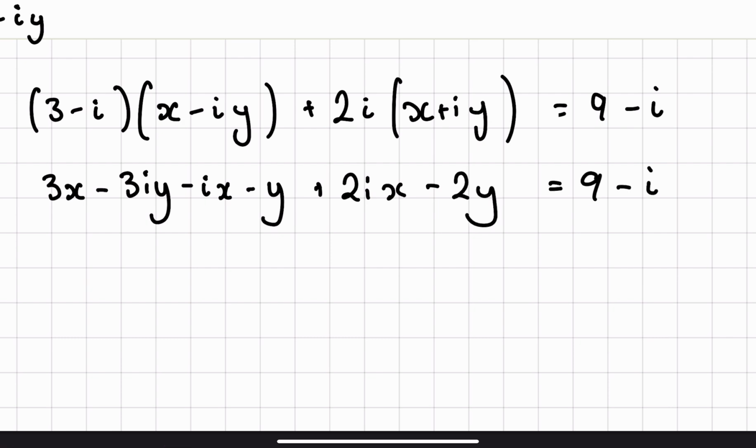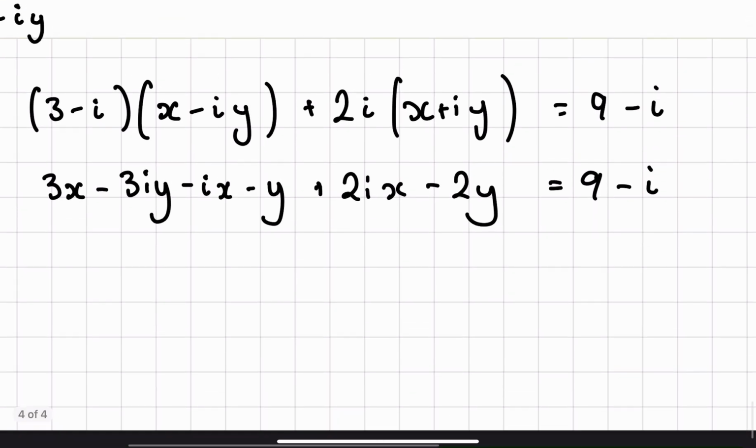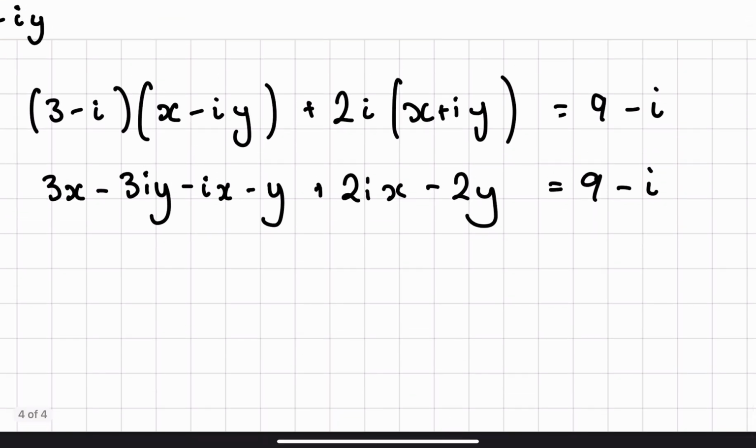Okay. So now we want to group up our imaginary numbers and our real numbers. So our real numbers would be 3x minus y minus 2y. So that becomes 3x minus 3y. That's our real part.